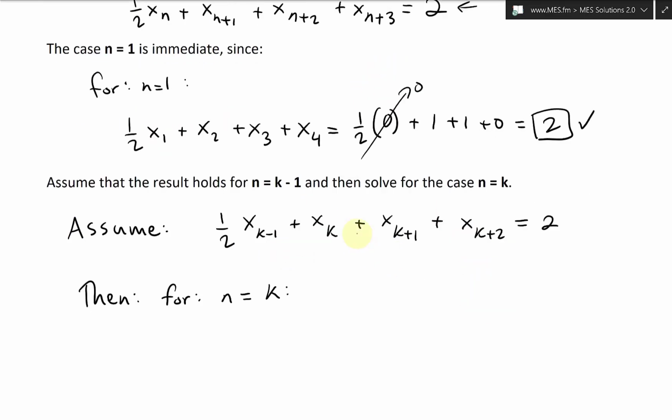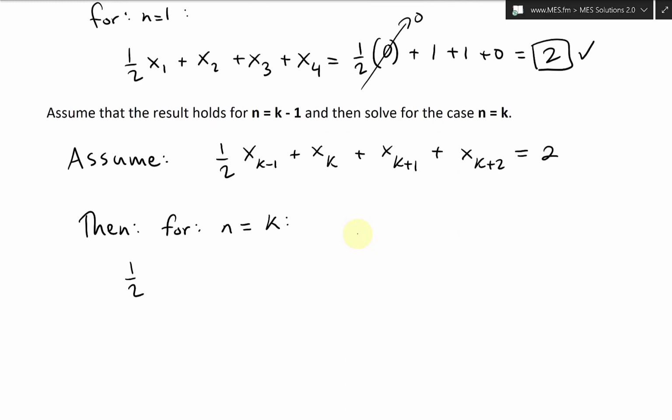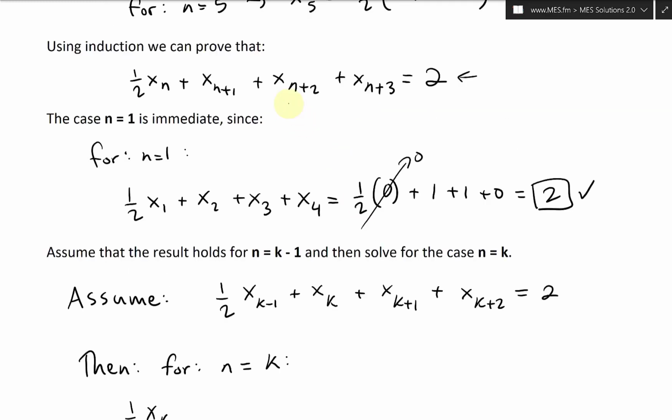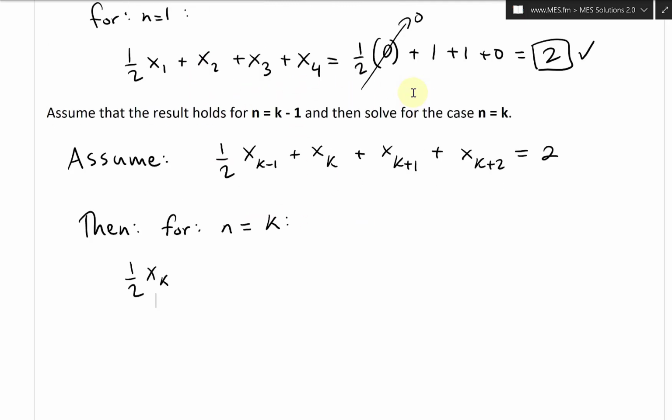So for n equals k, we have 1/2 times x of k, plus x of k plus 1, plus x of k plus 2, plus x of k plus 3 equals 2. Then we have to solve this one.